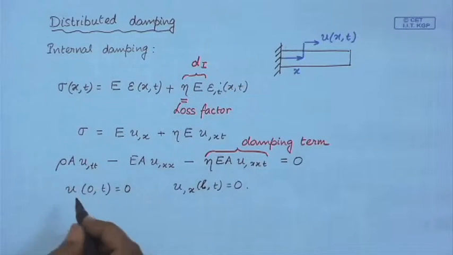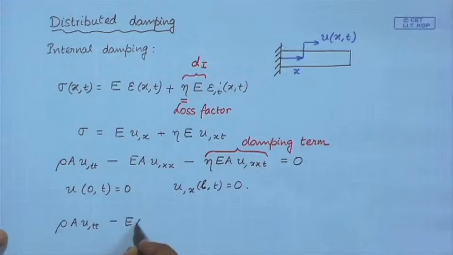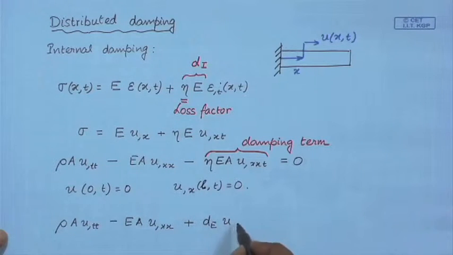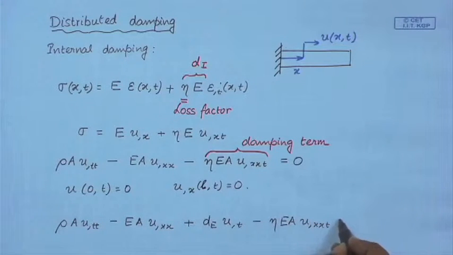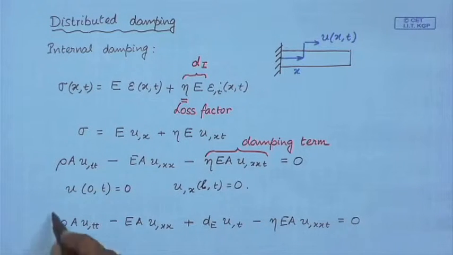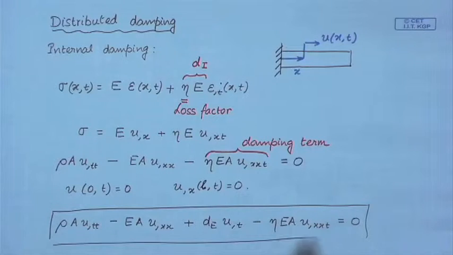Now, similarly with external distributed damping, we have a term like this, and together with internal and external damping, we have this equation of damped vibration of a uniform bar.